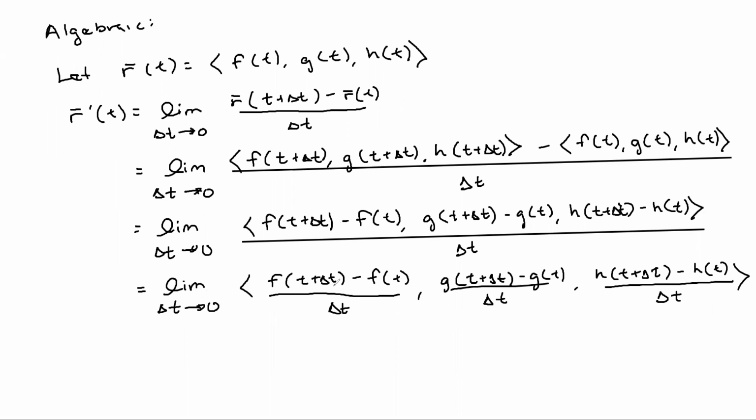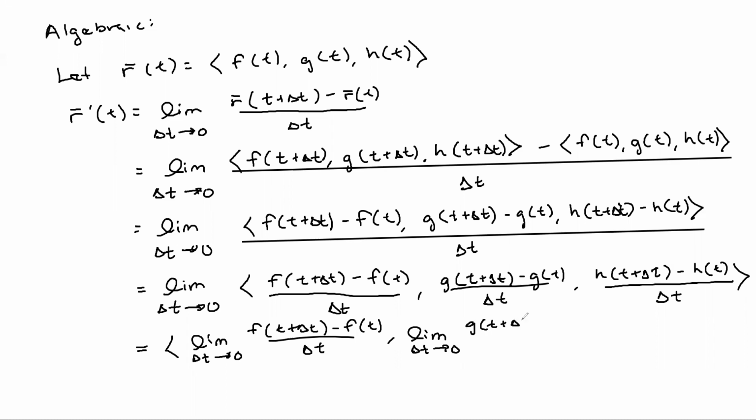So the limit effectively distributes, and so we end up with the limit as change in t goes to 0 of f of t plus change in t minus f of t over change in t, the limit as change in t goes to 0 of g of t plus change in t minus g of t over change in t, and the limit as change in t goes to 0 of h of t plus change in t minus h of t all over change in t.